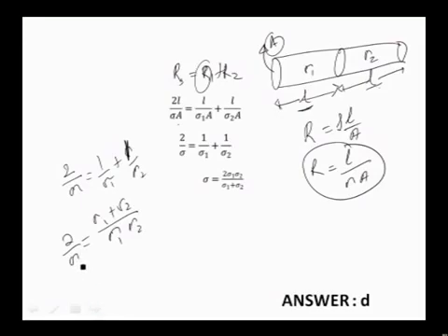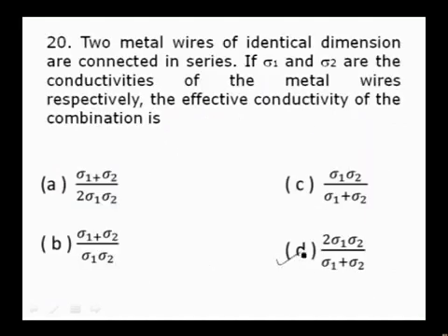We want the value of sigma. Sigma is equal to 2 sigma 1 sigma 2 divided by (sigma 1 plus sigma 2). Therefore, for the given problem, the correct option is D.